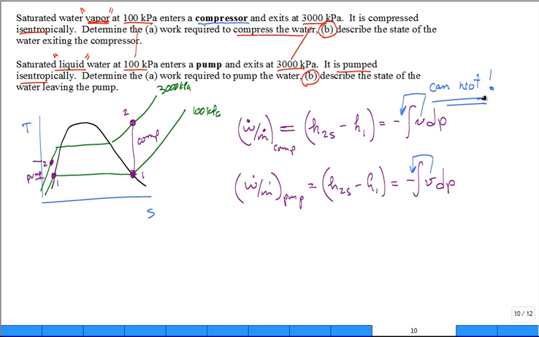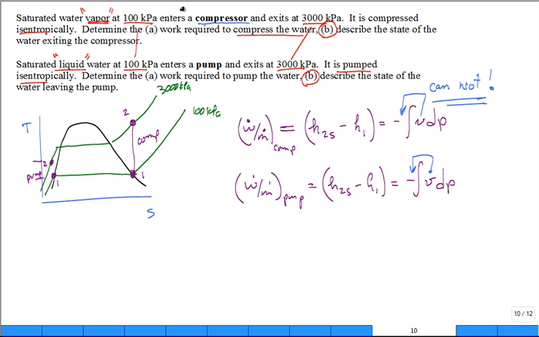All right, for the pump, why can the specific volume come outside that integral? This liquid is staying constant. And why can it not come outside the integral on a compressor? It's significantly being compressed. The specific volume at the outlet is much different than at the inlet.